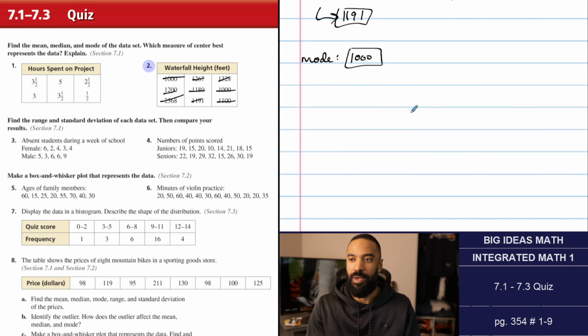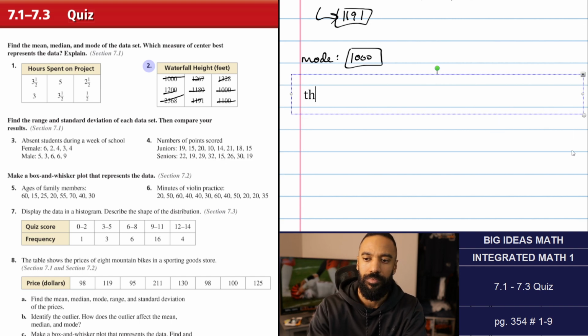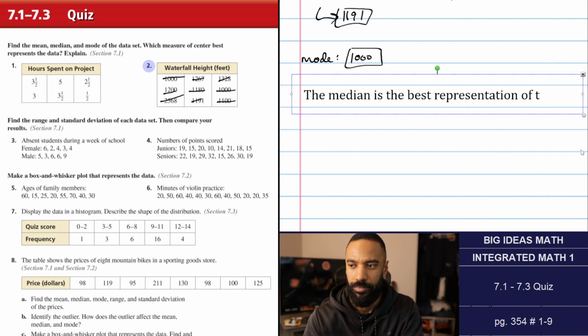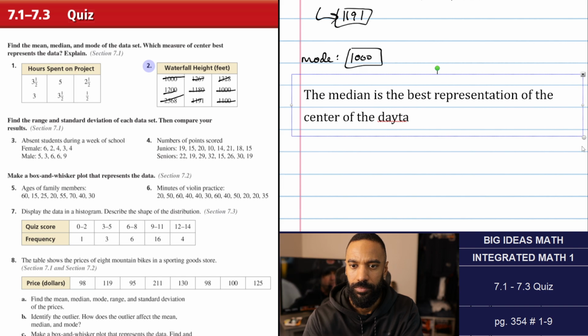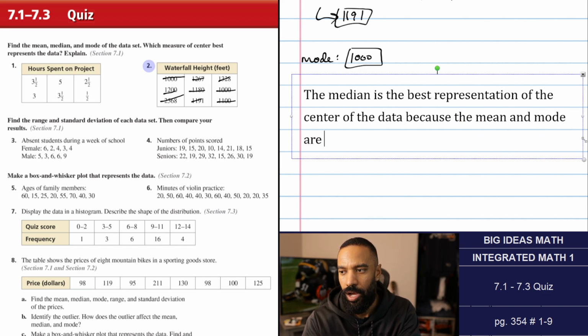So the median is the best representation of the center of your data, once again. I'm not going to say why this is. I'll say why the others aren't. Because the mean and mode are on far ends of the data.